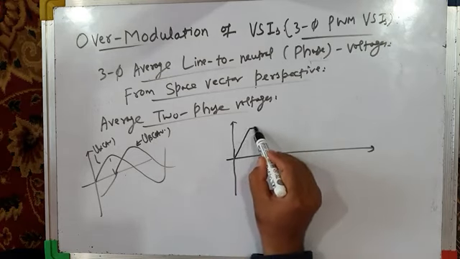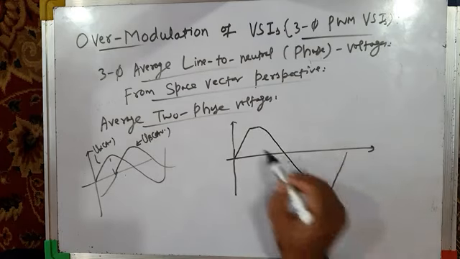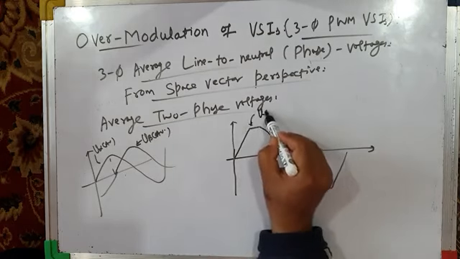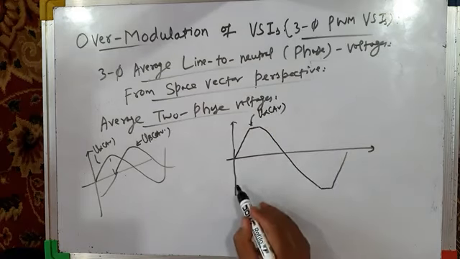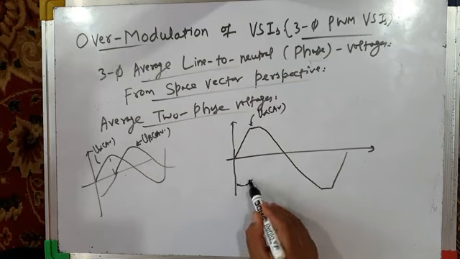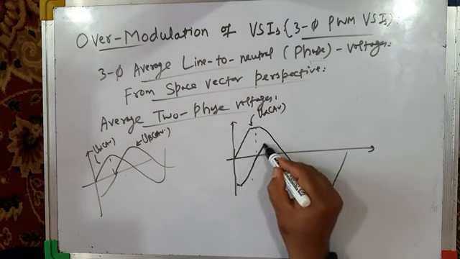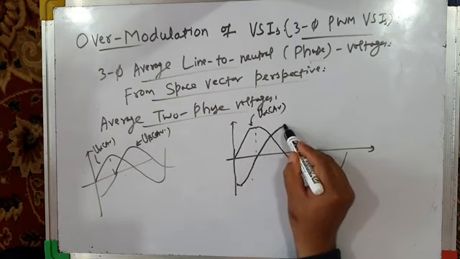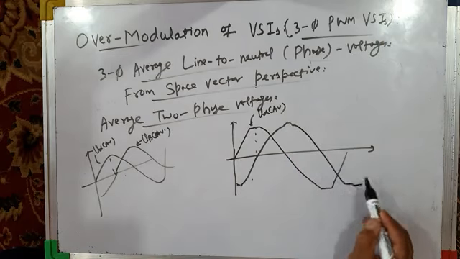This is V alpha average, and V beta average will be something like this. It will have this type of pattern.